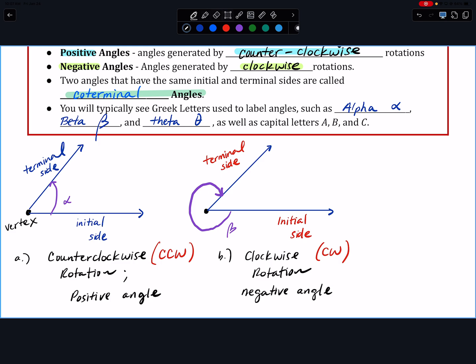Another way that this could look like is something like this.